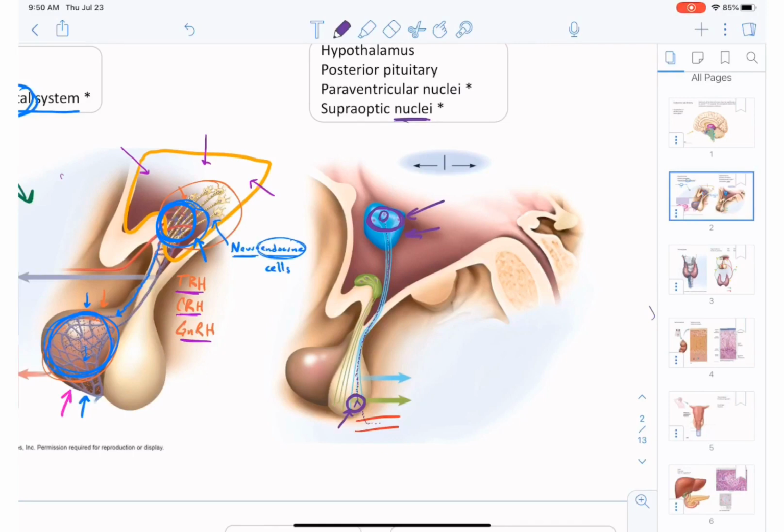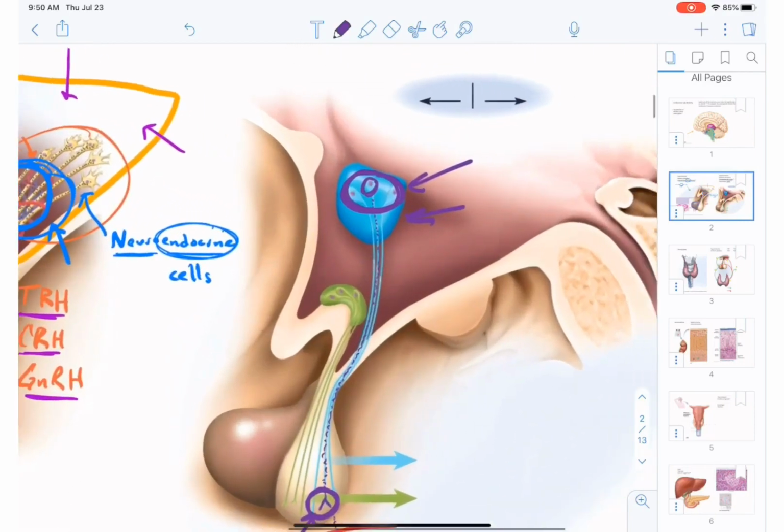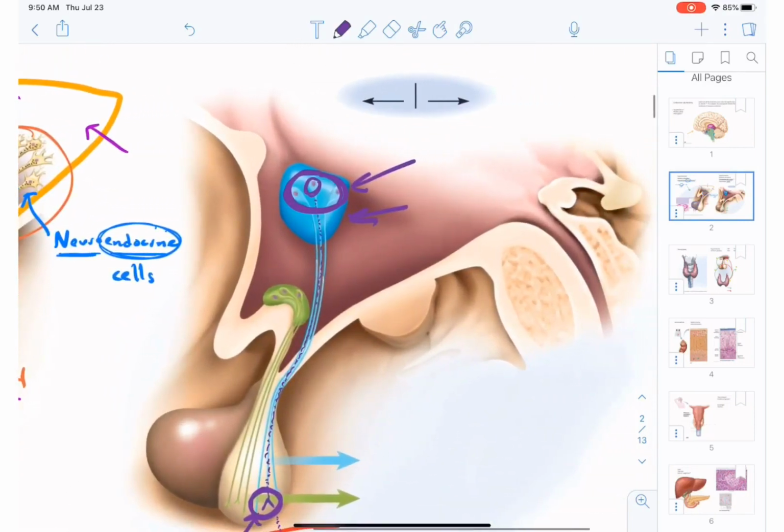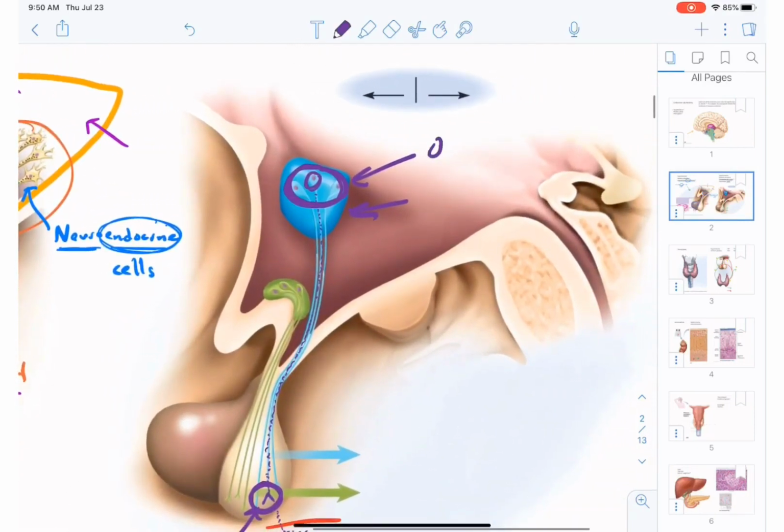This collection of cell bodies right there, these nuclei, is called the paraventricular nuclei. And the cell bodies of the paraventricular nuclei are going to produce the hormone oxytocin. And then that oxytocin travels down the axons and is stored in the axon terminals in the posterior pituitary.